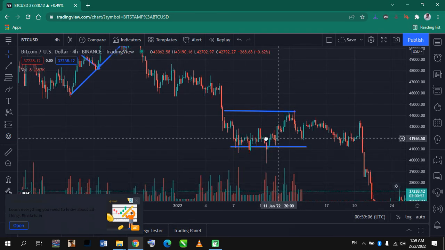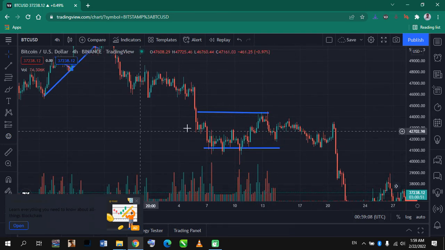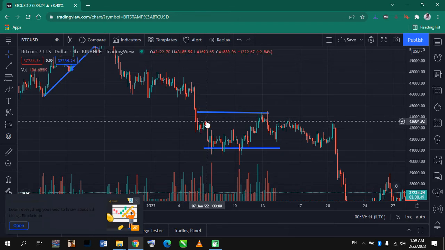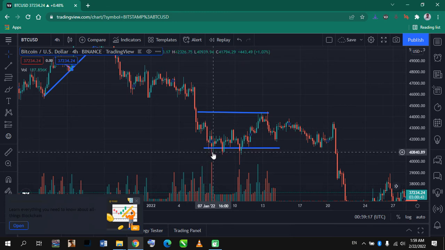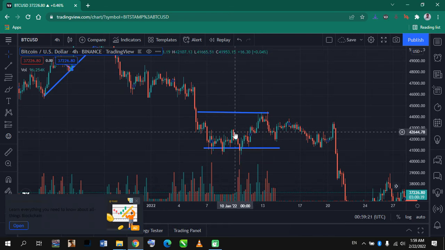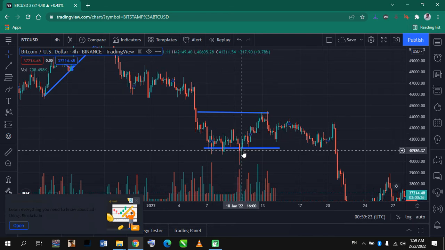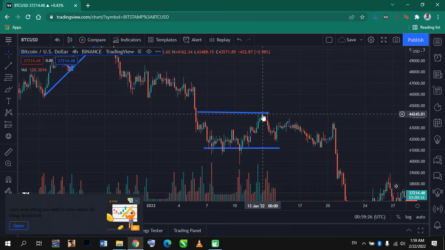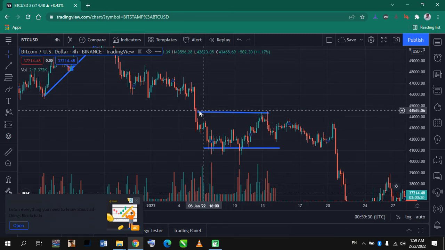Taking a look at this, you see that the market moved from a particular range. When it gets to this range, it comes down to another range, it moves up to another range, higher high, it comes down to another range, it goes up to another range.